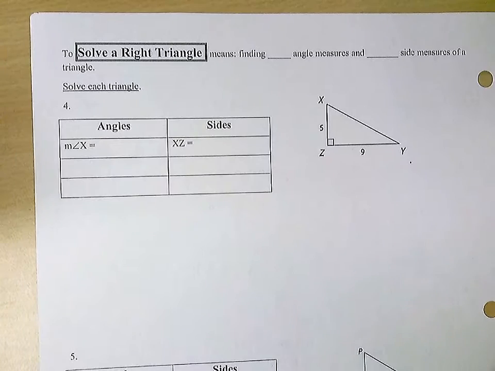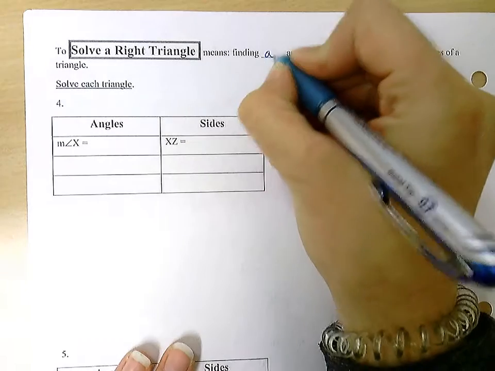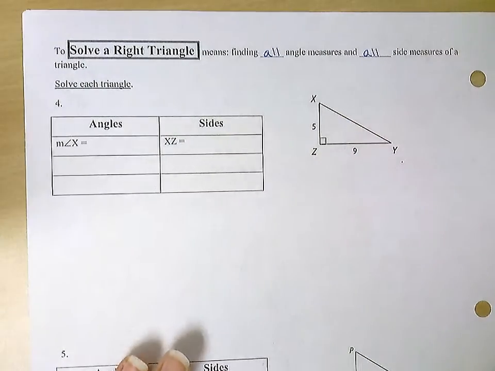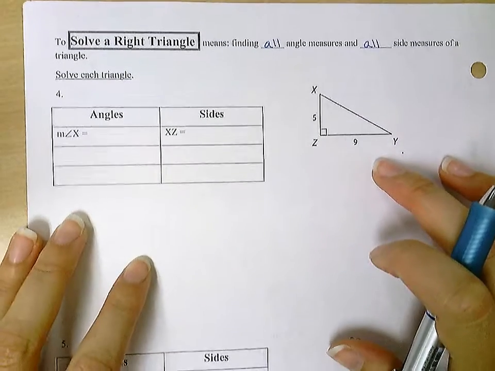All right, then. We now have enough formulas and information to solve a right triangle. What that means is you're finding all of the angle measures and all of the side measures of a triangle. So all 3 sides and all 3 angles. So we are going to solve this right triangle in number 4.